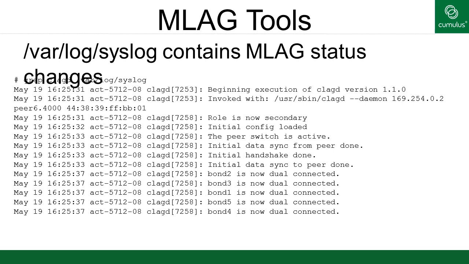One of the first questions is from Ian: are there any caveats or limitations to using IPv4/IPv6 dual stack with MLAG? I'll answer that in two ways. First is that MLAG operates at layer 2.